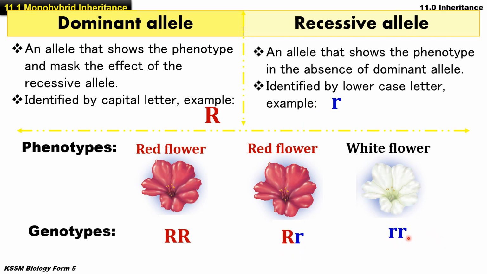R kecil, R kecil. So, ada dominant tak? Tak ada. So, because of no dominant, that's why the phenotype for this flower is show the recessive trait, which is white color flower. Kalau yang ini, because dia ada dominant, ada recessive. So, dominant will show their power and it will hide the recessive characteristic. So, dia akan jadi red color flower. Boleh?